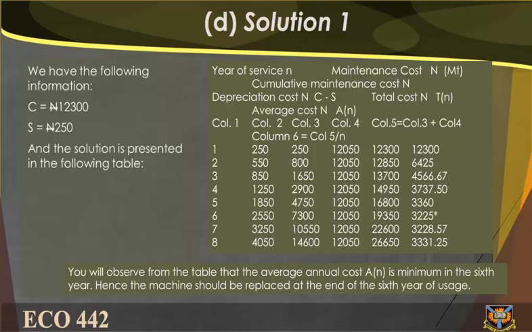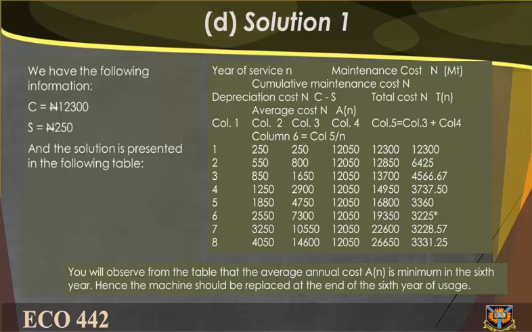Year of service N, maintenance cost M(N), cumulative maintenance cost, depreciation cost C minus S, total cost T(N), average cost A(N). Column 1, 2, 3, 4, 5 equals column 3 plus column 4.